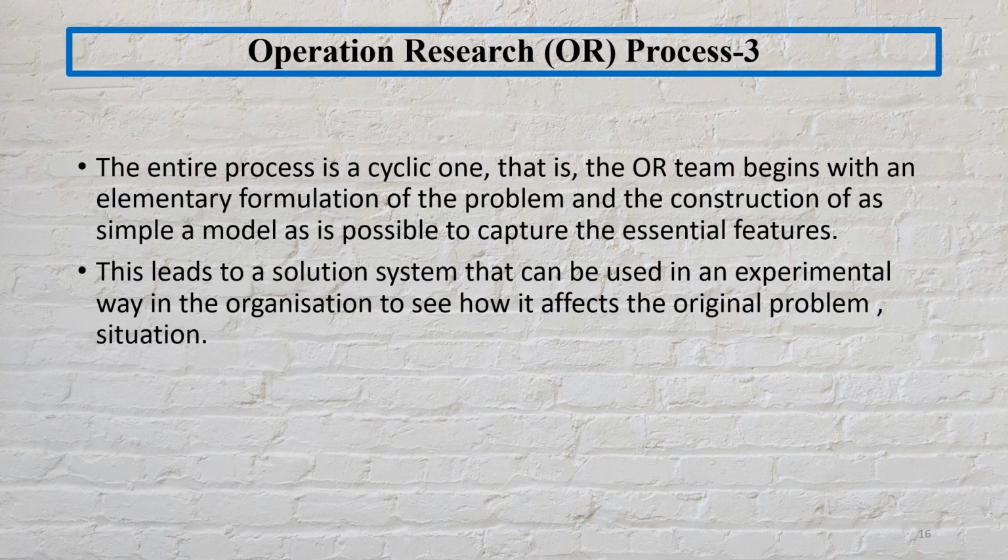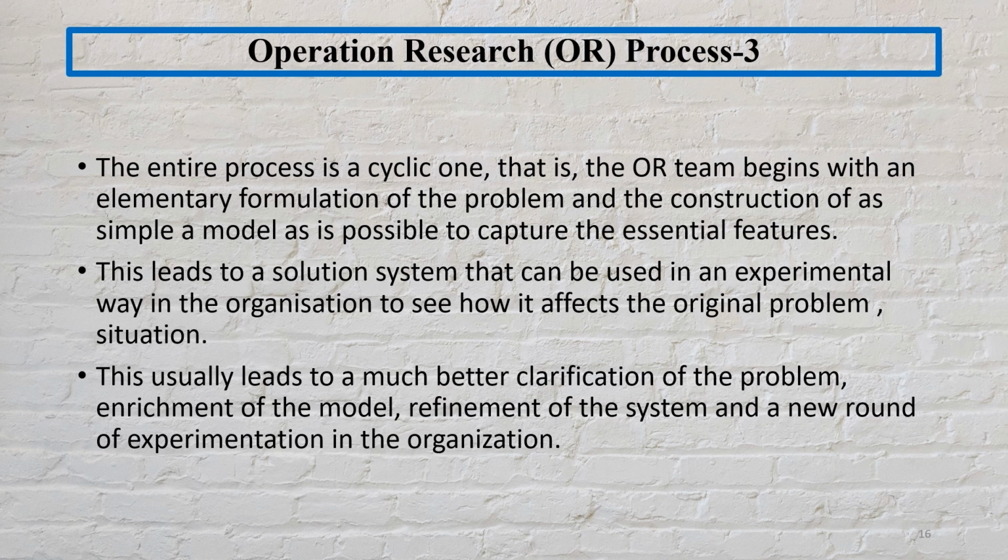This leads to a solution system that can be used in an experimental way in the organization to see how it affects the original problem situation. This usually leads to a much better clarification of the problem, enrichment of the model, refinement of the system, and a new round of experimentation in the organization.